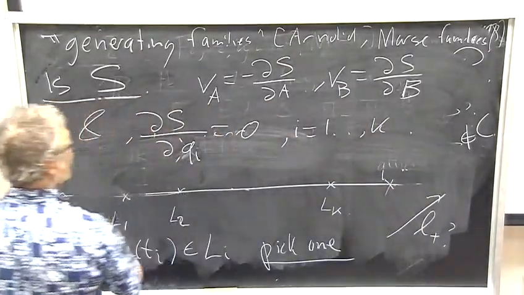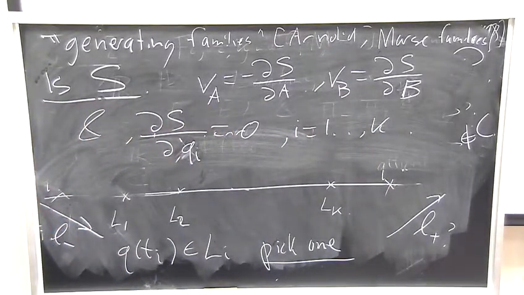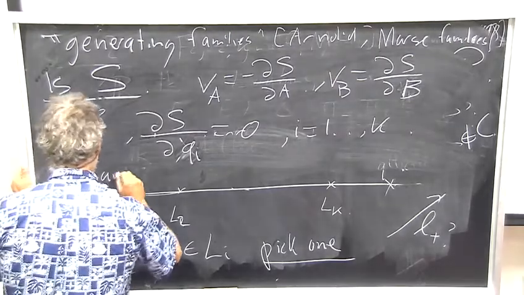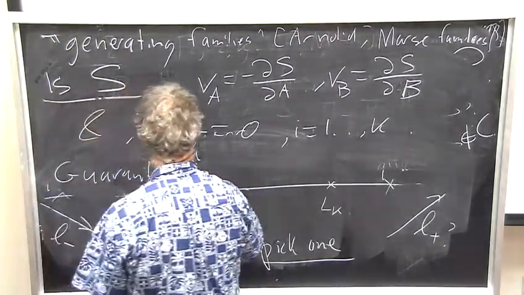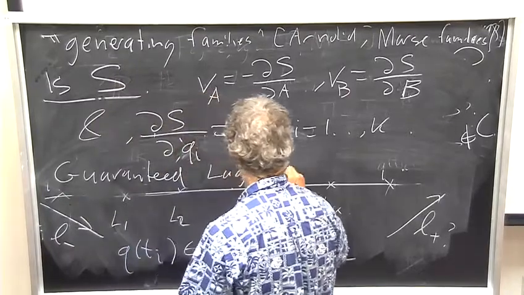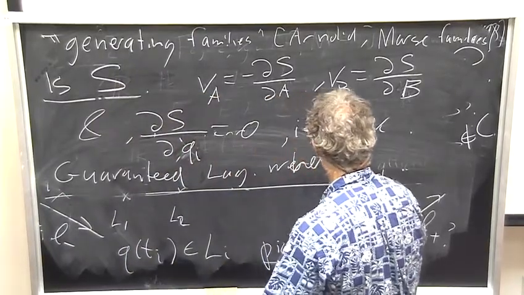Okay, so this defines a bunch of equations. And you're guaranteed that it's Lagrangian. There's a problem with whether it's smooth. So you want to do the implicit function theorem. So guaranteed Lagrangian where smooth.